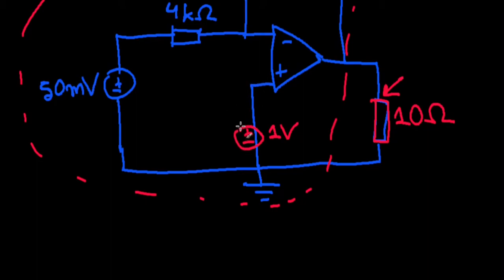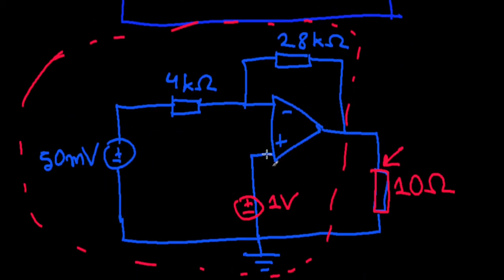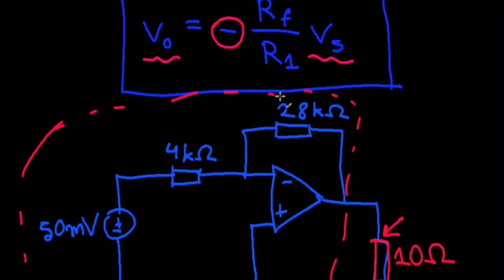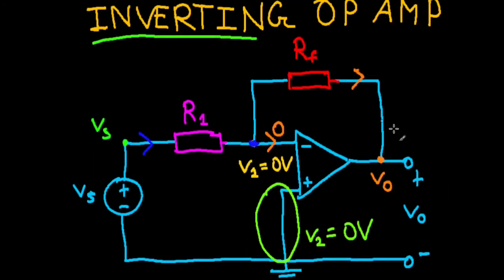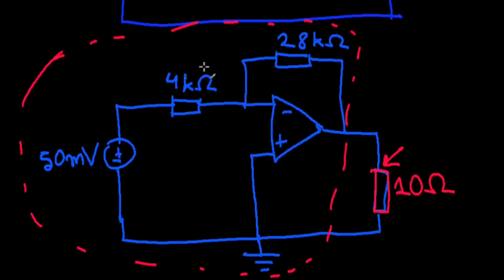This would be against our conditions, and it wouldn't be an inverting op amp anymore. So we need to be careful that the circuit matches this configuration. If it does, and we see that it does, there's nothing different, we just have some values.